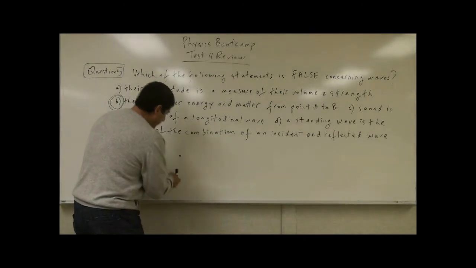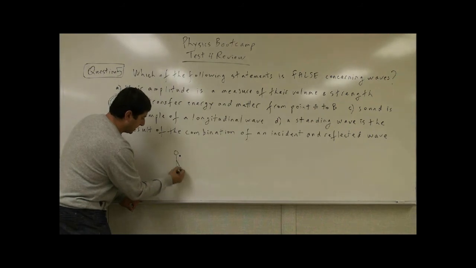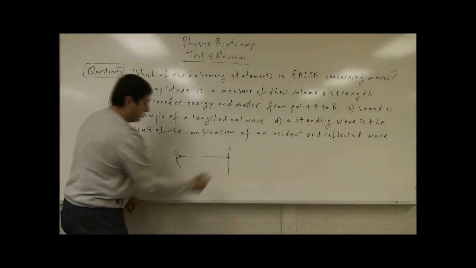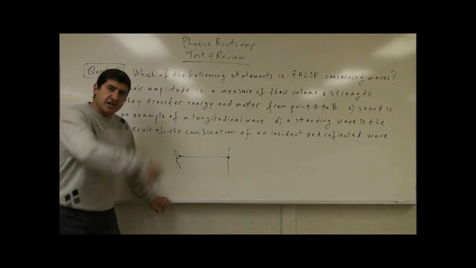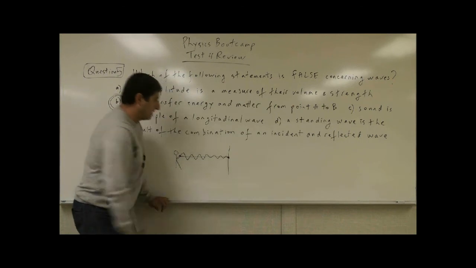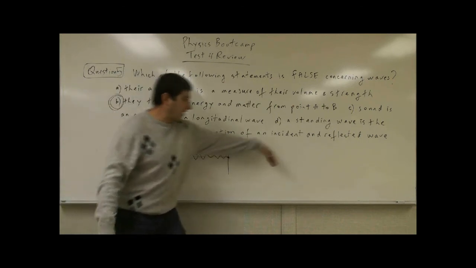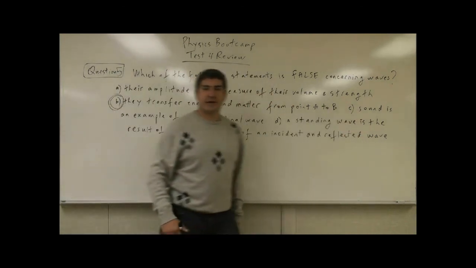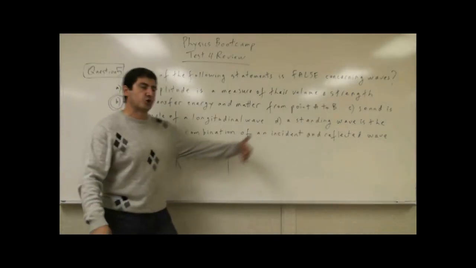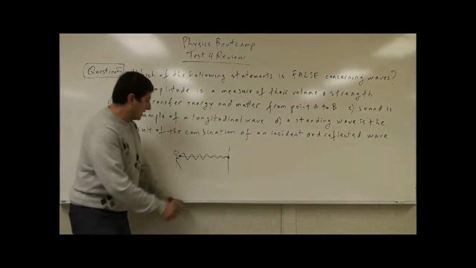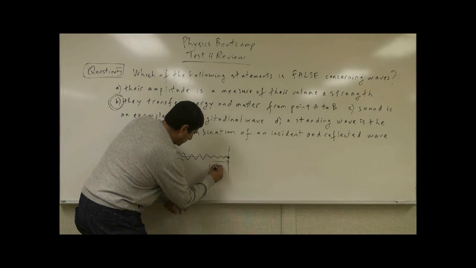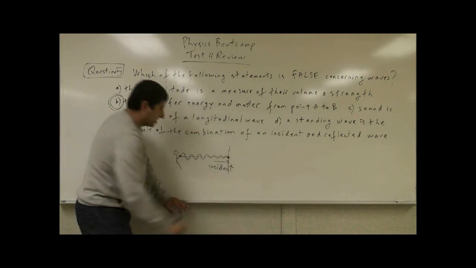So if you get a string here and you tie it to the wall, and you start shaking it, the wave is going. Now, if the wall wasn't there, the wave would just simply propagate like that, and you don't really have any kind of standing wave. It would just go forever, right? But if it hits here, so this is an incident wave.